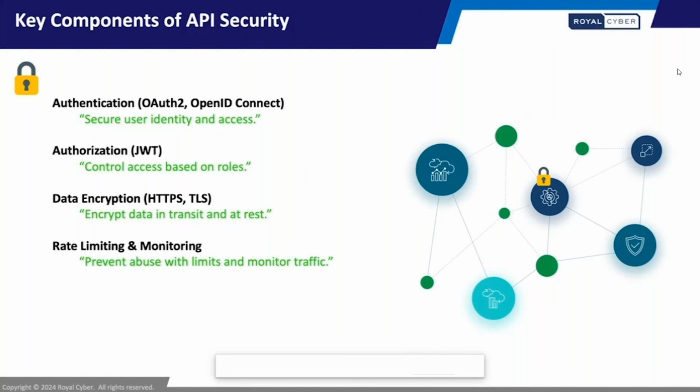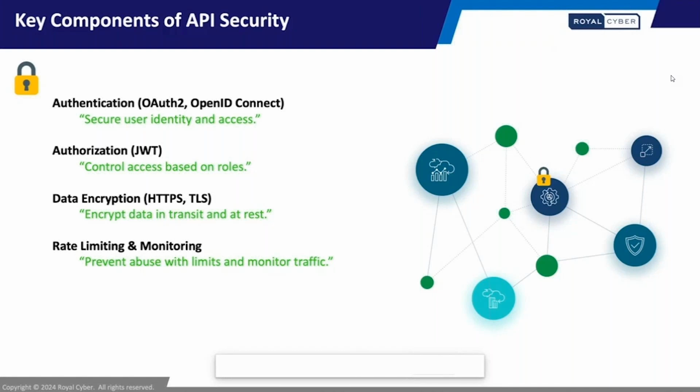Similarly, for authorization, you can use JWT tokens, which are basically JSON web tokens that help manage authorization, determining which roles or users can access specific data and services, providing fine-grained control over API interactions.